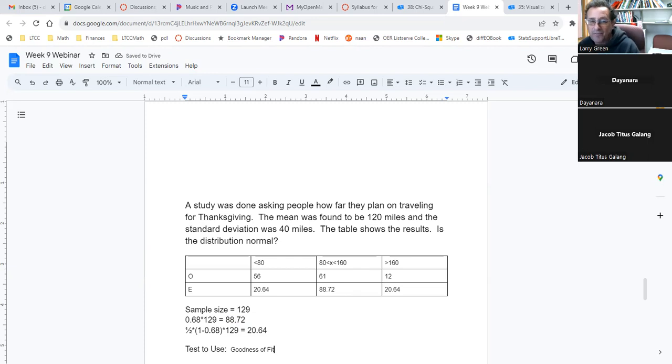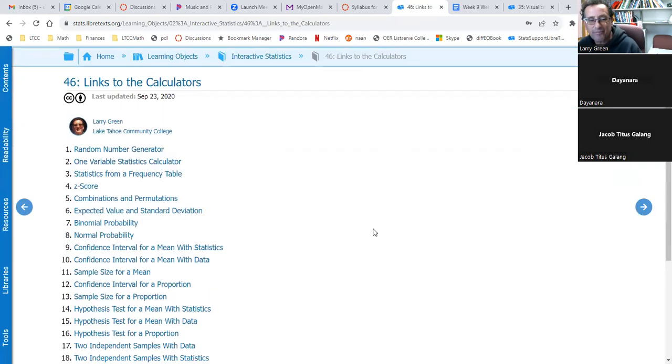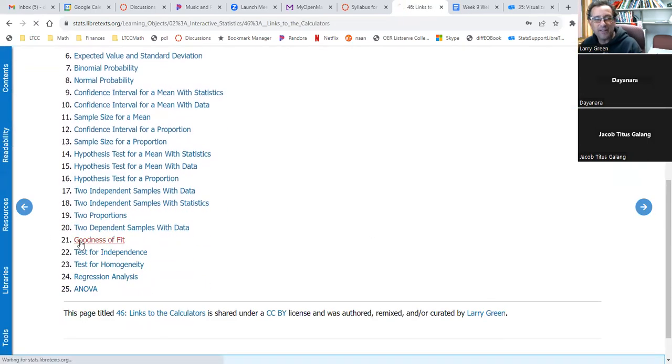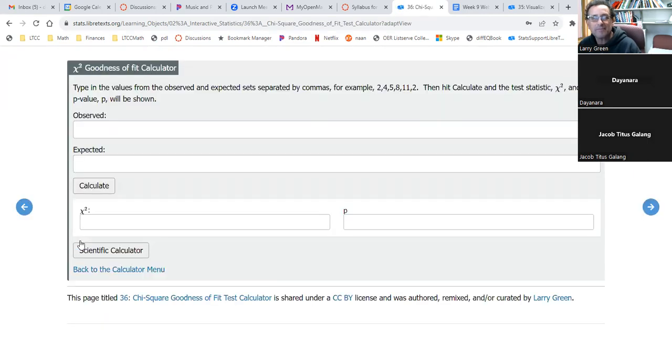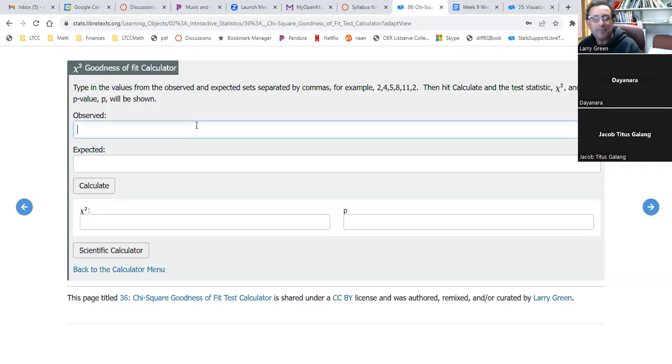Any questions on that? Then what I need to do is go back to the calculator menu and click on goodness of fit. I have my observed and my expected. I'm going to copy it, paste it, and put some commas in.